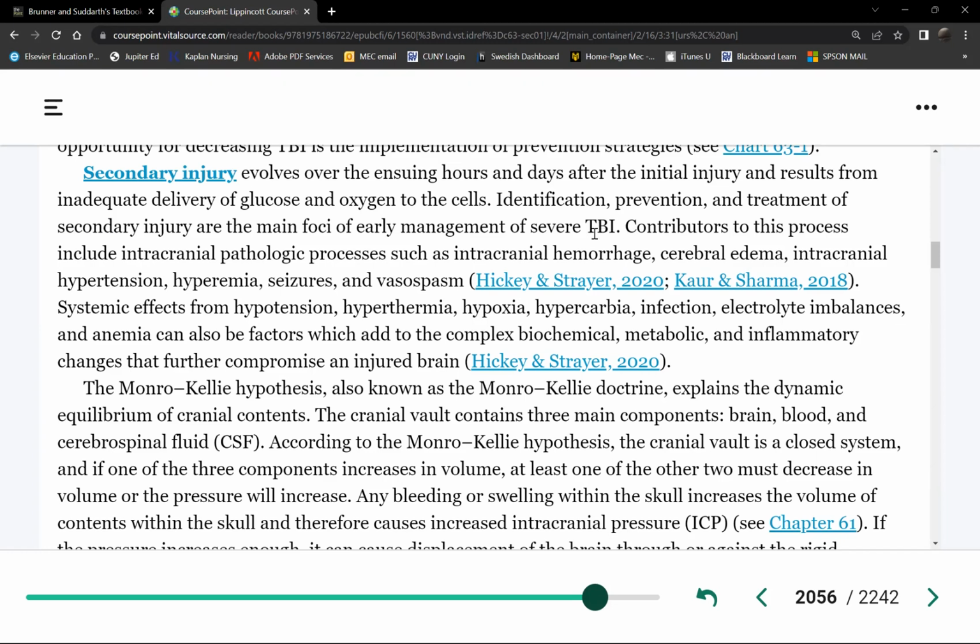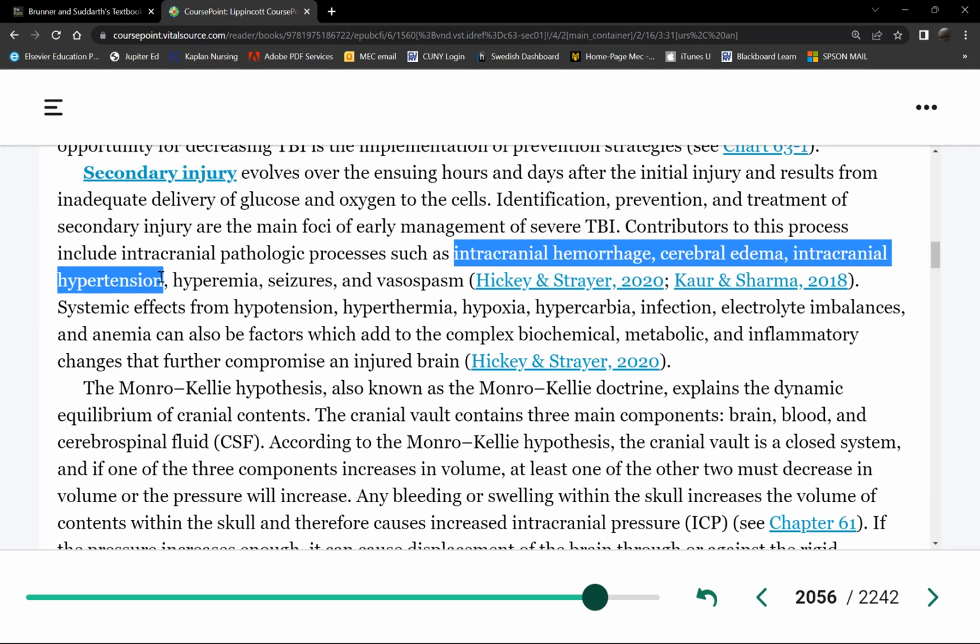There are up to 6 that will follow. Example, increased ICP brought about by bleeding, intracerebral bleeding, the edema, the intracranial hypertension, which is increased ICP, hyperemia, or you can do hypothermia there, seizures, and vasospasms.